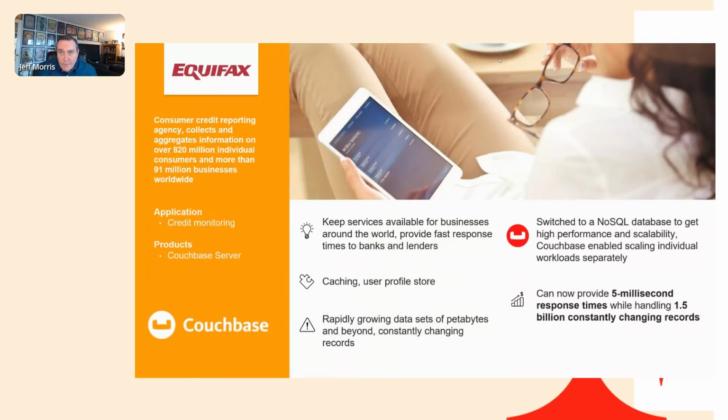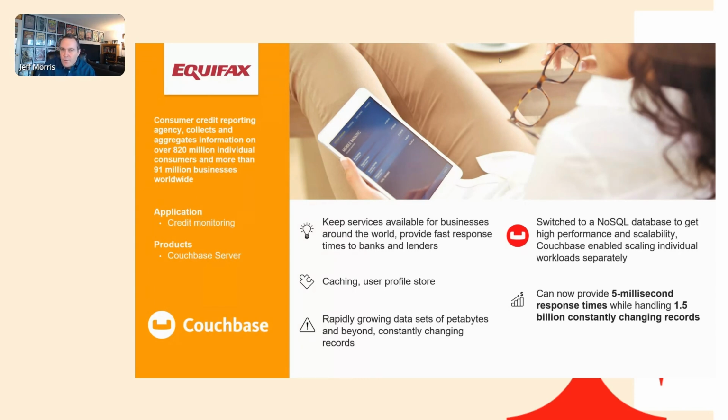Equifax, another credit monitoring system, is making sure that their credit monitoring system, serving nearly 1 billion users and 91 million businesses, is nice and stable. It reports trustworthy information and is available all the time whenever anyone requests it. So it's using our caching capability.